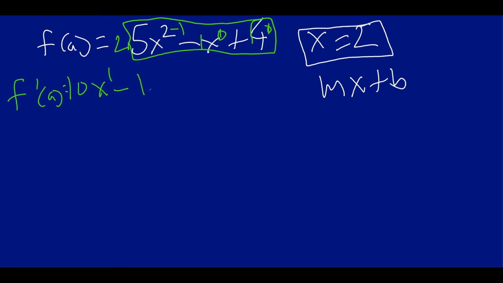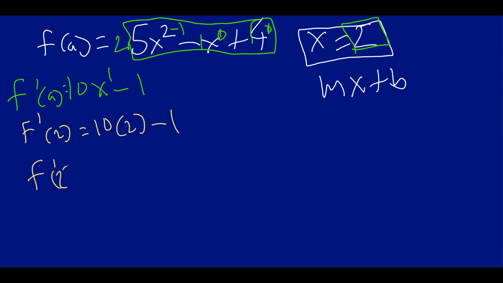Now, what we do next is that we plug in our 2, because this is our point that we're going to be using. We're going to plug this in wherever we have an x. So if we wanted to make this as clear as possible, it's going to be f prime of 2 equals 10 times 2 minus 1. And so what we get is f prime of 2 equals 19.